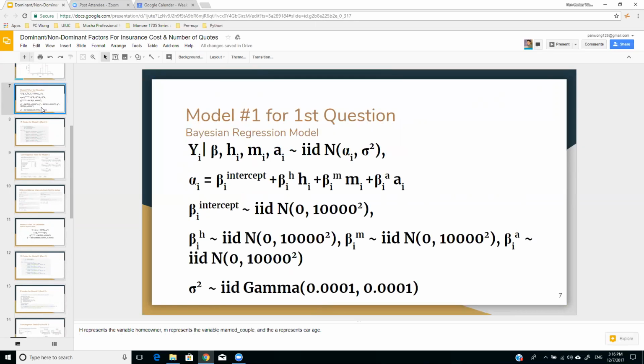So we have 2 parameters, alpha and sigma squared, and we use the linear combination of the betas along with the variables to get alpha i, and then we used a flat prior for the betas of intercept and for all the betas, and we used a relatively flat prior for the sigma squared.